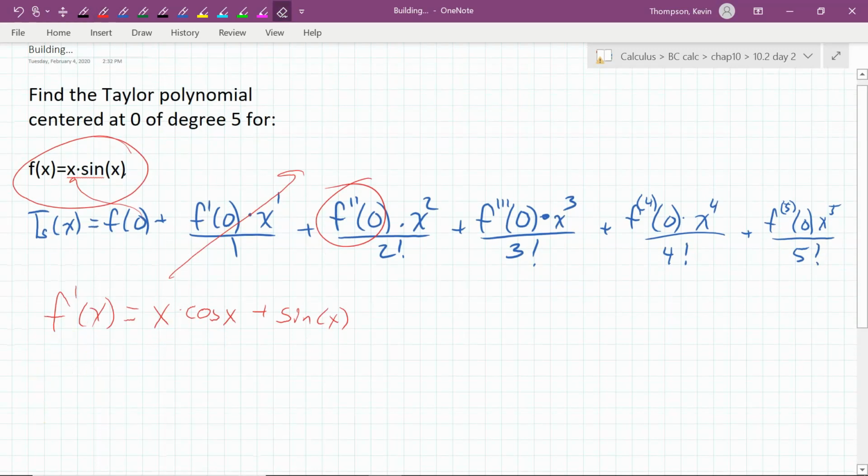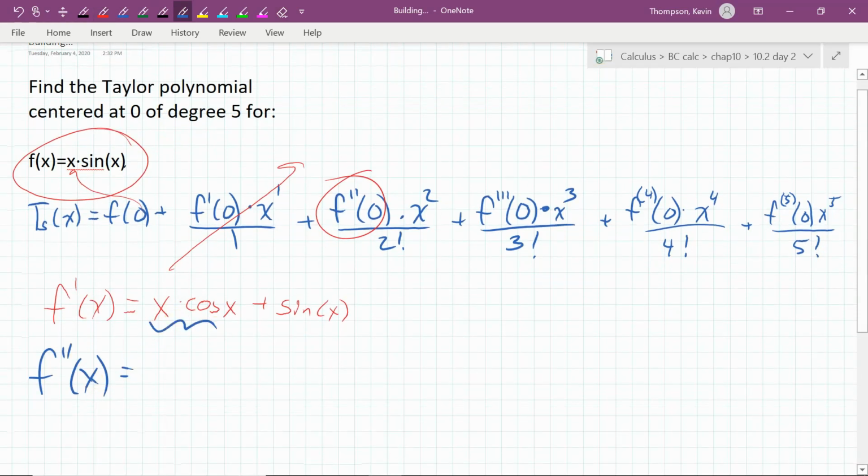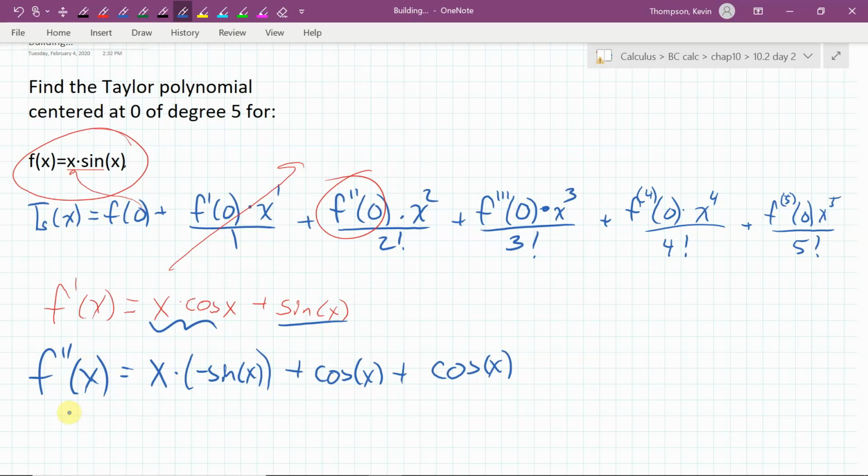So the second derivative evaluated at 0. Well, this is a product rule again, right? So first, derivative of the second, minus sine, plus second, derivative of the first, derivative of sine is cosine. I get another cosine. What's all that turn out to be at 0?